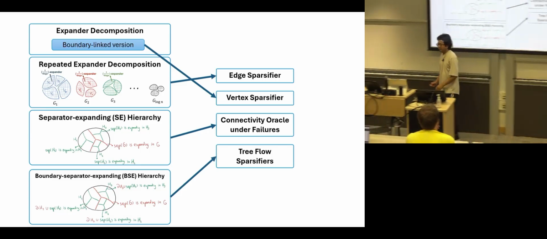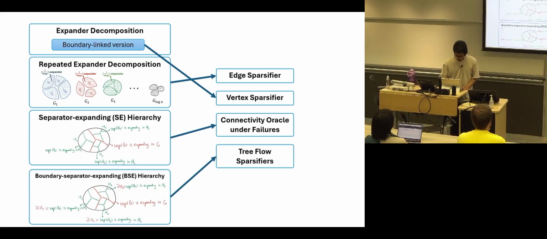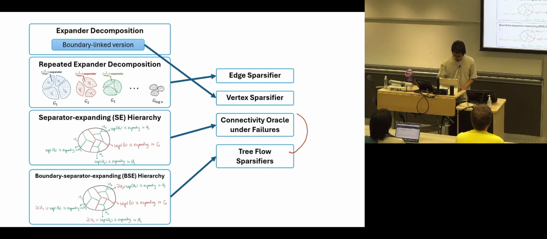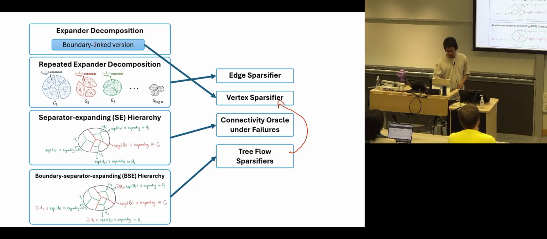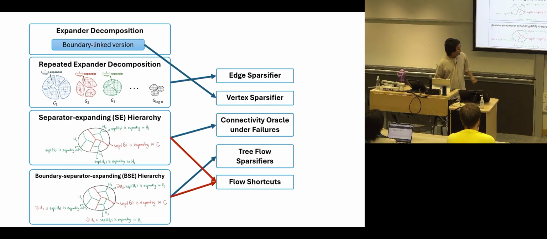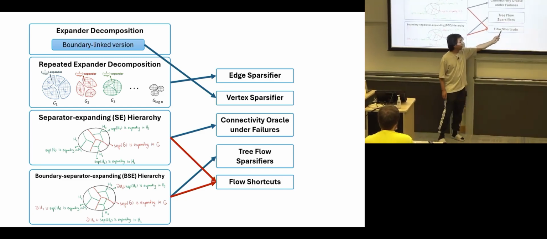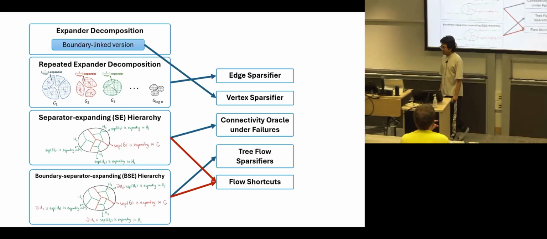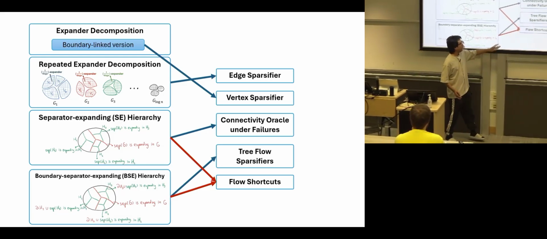If you look into this, we actually see that from the tree cut sparsifier, it can be used to build a vertex sparsifier that is really strong, very small. Later in the course, we will see how these two hierarchies can be used to build something called flow shortcuts. It's mainly for fast algorithms, so I didn't talk about it yet.